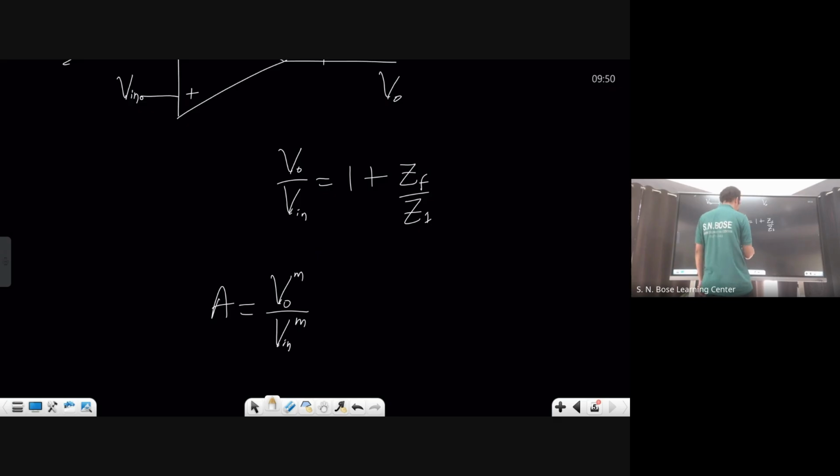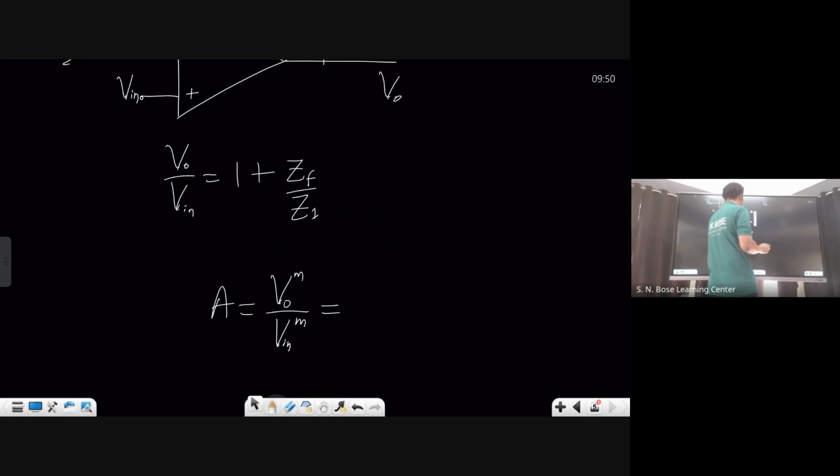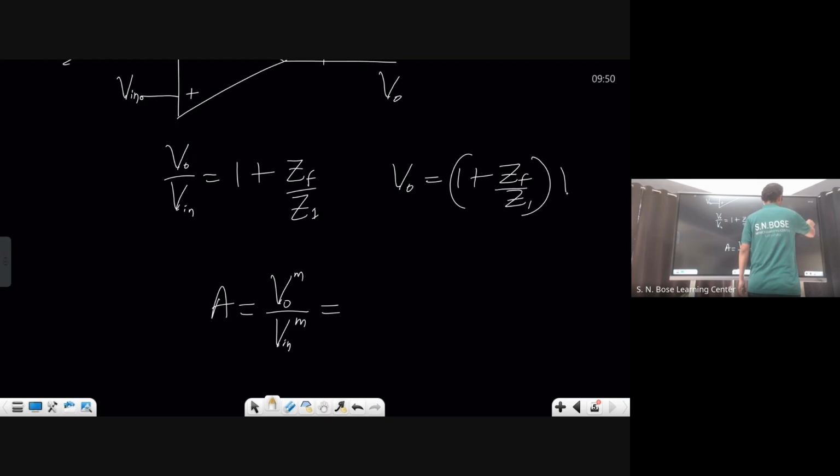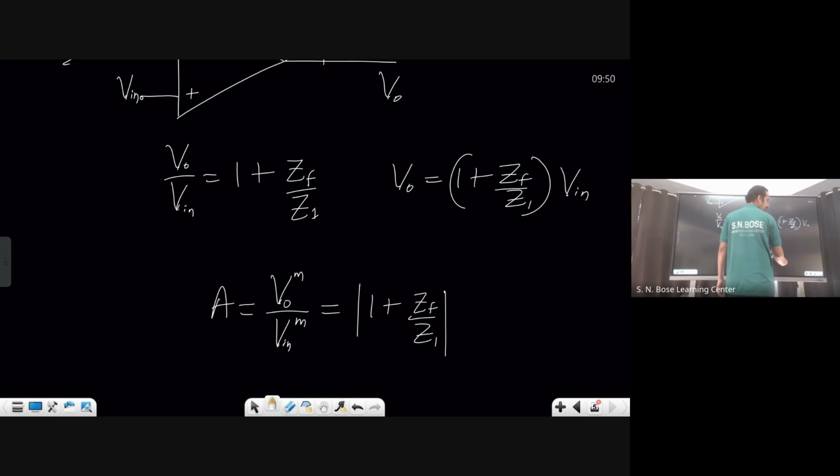So this will carry the phase information. V naught is equal to 1 plus ZF by Z1 into V in. This is mod of 1 plus ZF by Z1. You got it? Peak or RMS values are related like this, but if one goes to peak, the other need not go to peak at the same moment.